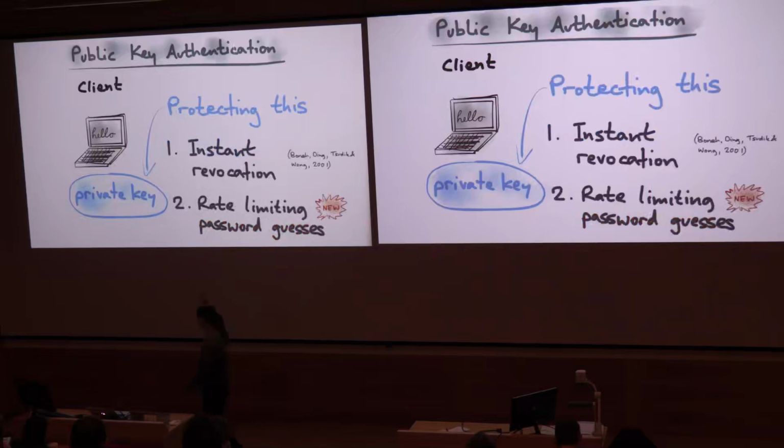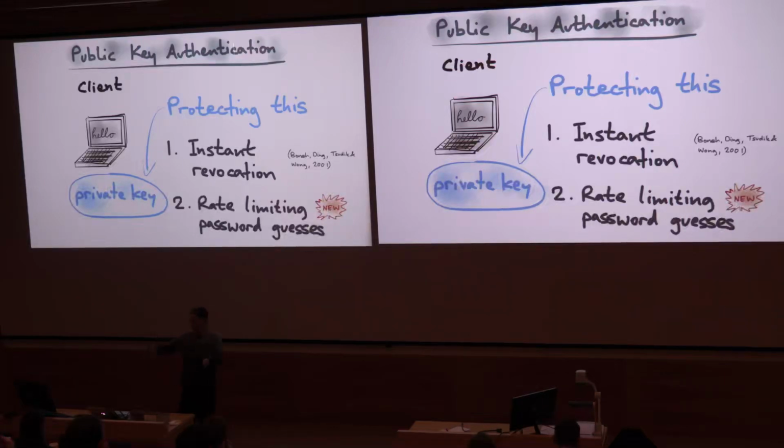And so I'd like to talk about two ways of doing this. The first one is simply a way of enabling revocation of keys in an instantaneous manner, so that if somebody loses their device, they can revoke it, perhaps using some other device, and thus get assurance that the time that the attacker has to break whatever protection is on the key is only the time between the key being stolen and it being revoked.